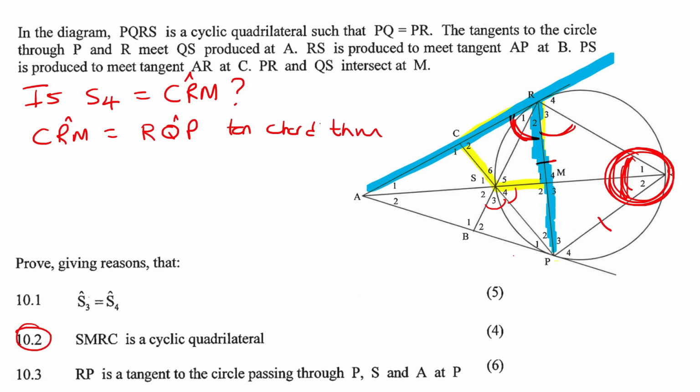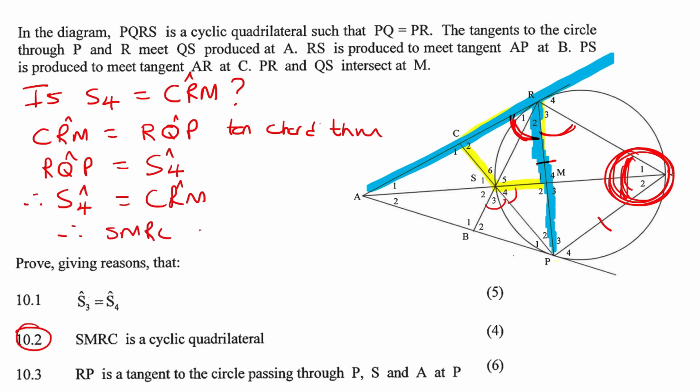But we already showed earlier that RQP was equal to S4. We showed that in the previous question. So therefore, S4 must be the same as CRM, and therefore SMRC must be cyclic because of the converse of exterior angle of a cyclic quad.